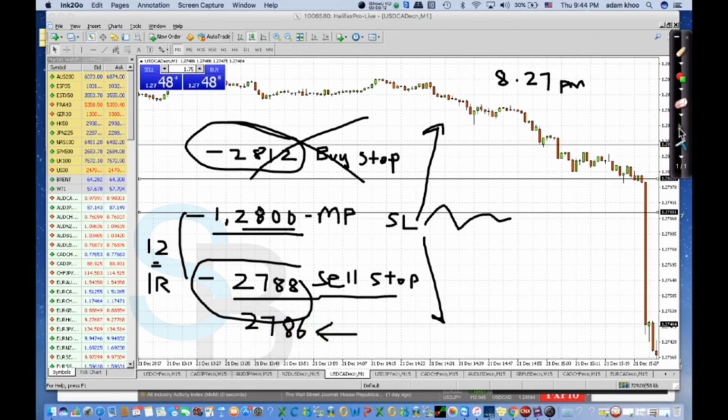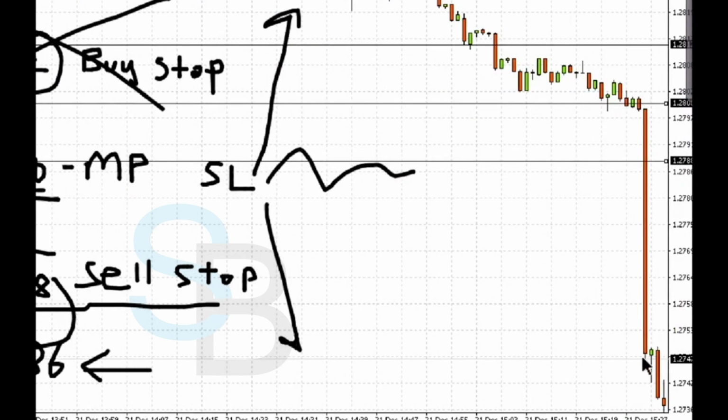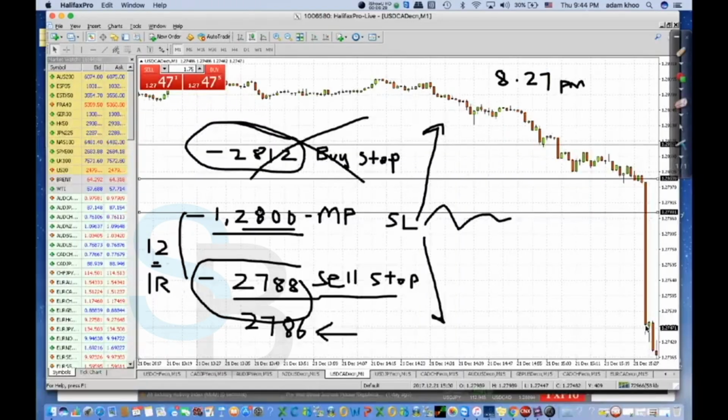Okay, now, once I was in the trade, I canceled my buy order like I mentioned. And again, I'm looking at the 1 minute candles if you remember. The moment the candle closed, that means 1 minute was up, it was 8:31. What did I do? I would immediately shift my stop loss to the market price at that time.